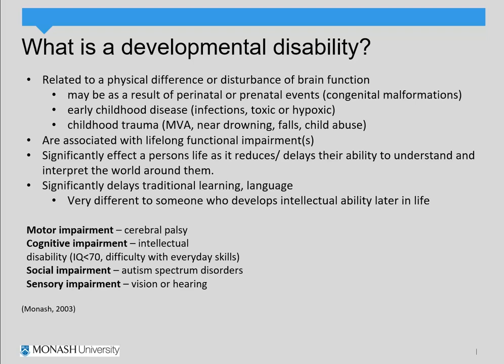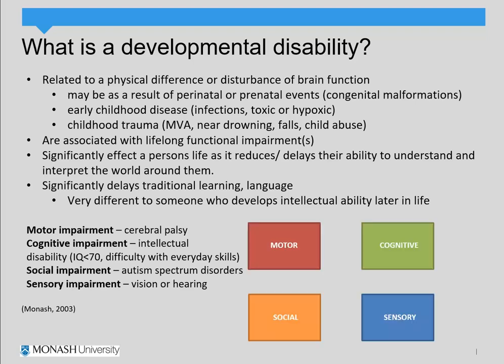There are some famous actors and things like that on there. And so the impact on them is their ability to actually interact with people socially. And there's sensory impairment. So this is vision and hearing. In terms of brain function, this is the brain interpreting the visual and hearing cues.